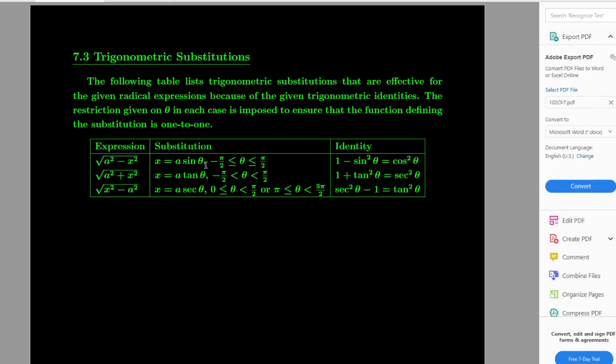It's a different type of substitution. In the substitution we learned before, the substitution rule, we set u to be a function of x. You remember that? In this case, we set x to be a function of another variable, theta.